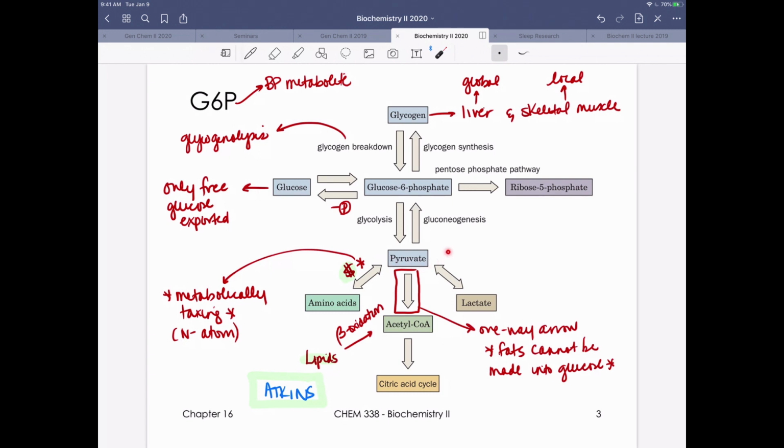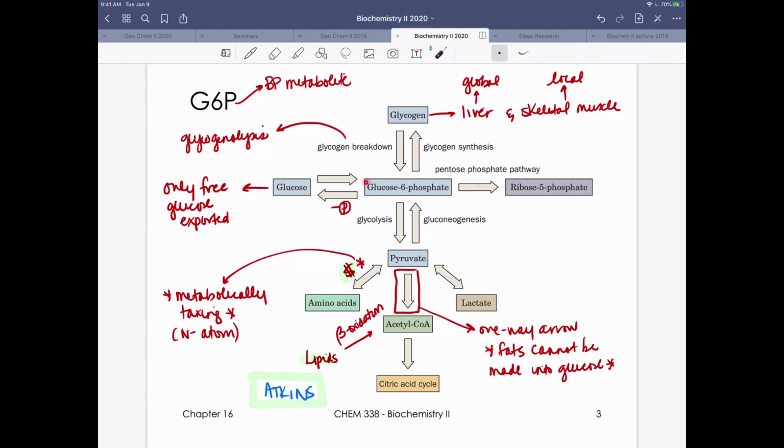This is where we're going to situate ourselves for this chapter, highlighting where we've been already. We've talked about the pentose phosphate pathway in our last learning unit, reminding you that it is important for synthesizing two main things: ribose 5-phosphate if we need nucleotides, and also NADPH for reductive biosynthesis, and we also talked about it for the purpose of regenerating glutathione.